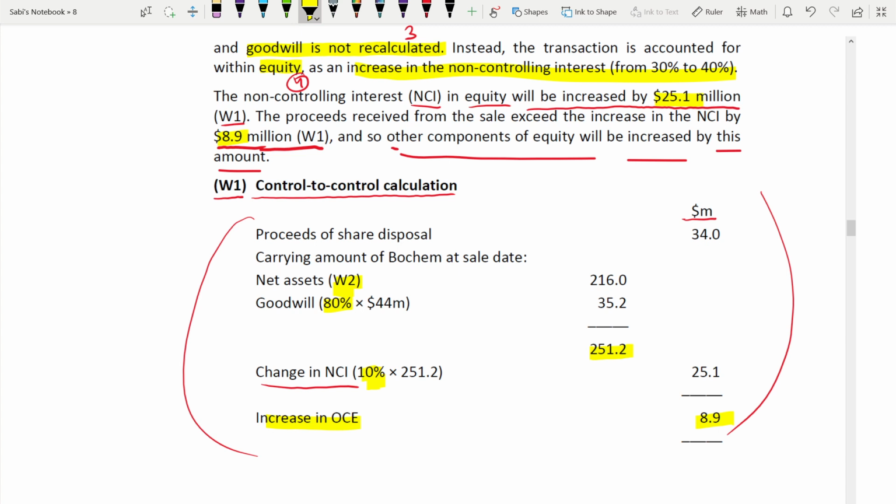You see increase in NCI is 25.1, but proceeds is more than that. That's why there's an increase in OCE, which is 8.9. Otherwise it would be a decrease. Remember that there could be a decrease in OCE also, but in this case it is an increase. So that's why other components of equity will be increased by this amount. Which amount? 8.9. So whatever you are doing in the calculation, you are just explaining in the sentence. That's it. Now let us go down.